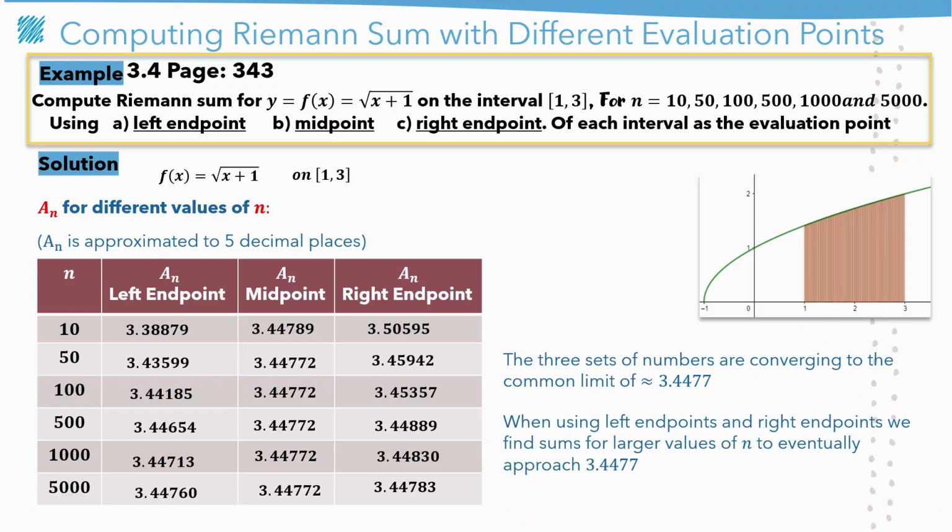All these numbers, they are converging to the common limit which is 3.447, and so the final answer for this question you will get it from the calculator when you enter the integral from 1 to 3 of root x plus 1 dx. The exact area will be 3.4477.